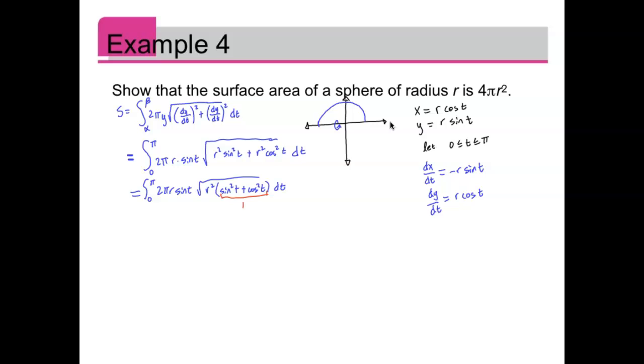So you're just left with the square root of r squared, which is just r. Integral 0 to pi, 2 pi r sine t times r dt. Pull out the 2 pi r squared, that's a constant.